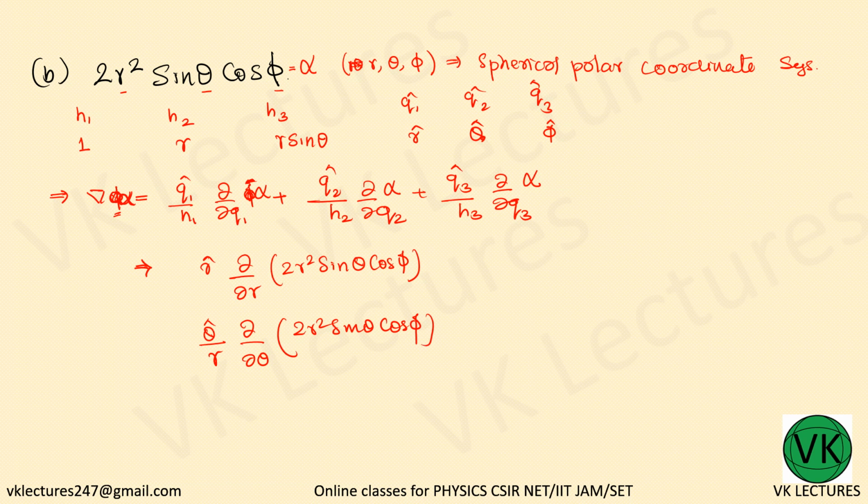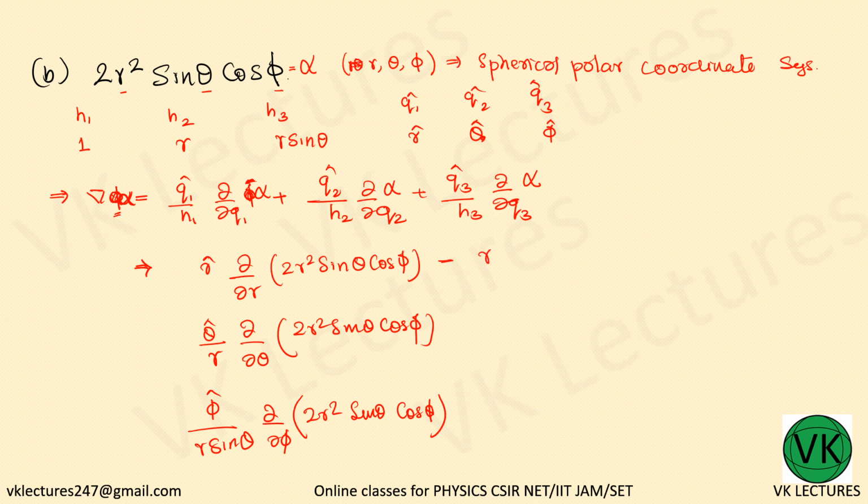Then q3, that is phi cap by r sin theta dou by dou phi, 2r square sin theta cos phi.